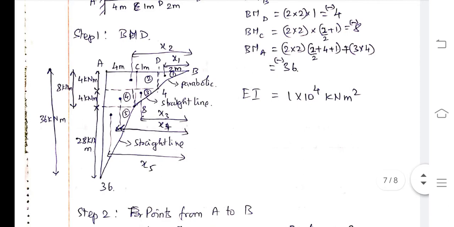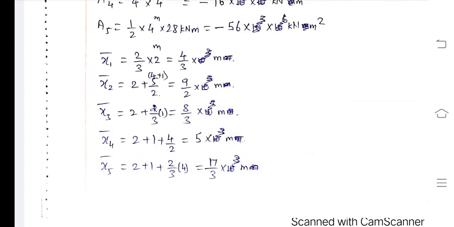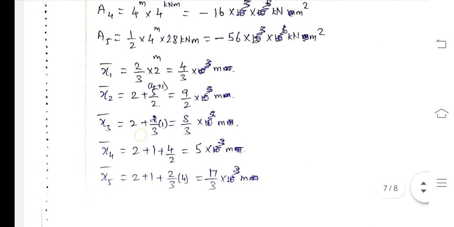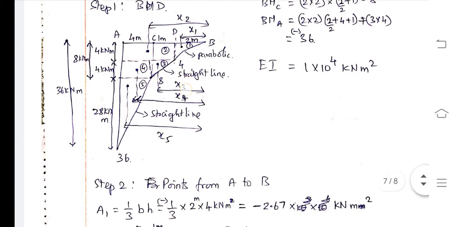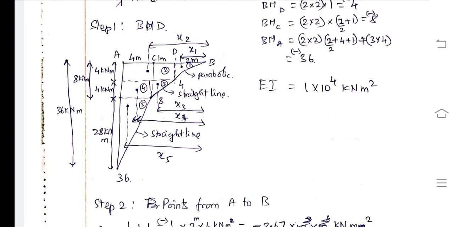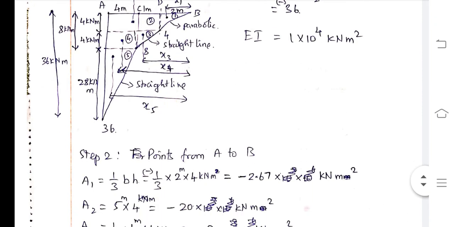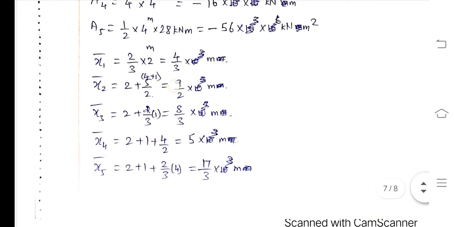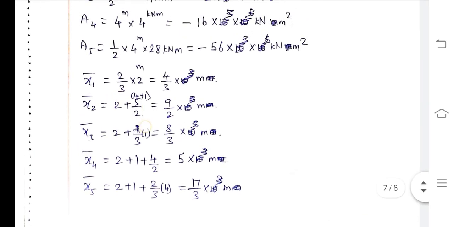So for the first one it is 3 by 4th of... here also I have made a small mistake. It is a parabolic, so it is 3/4 of the distance, so it is 3 by 4 of 2. I will change it, it is 3 by 4 of 2.